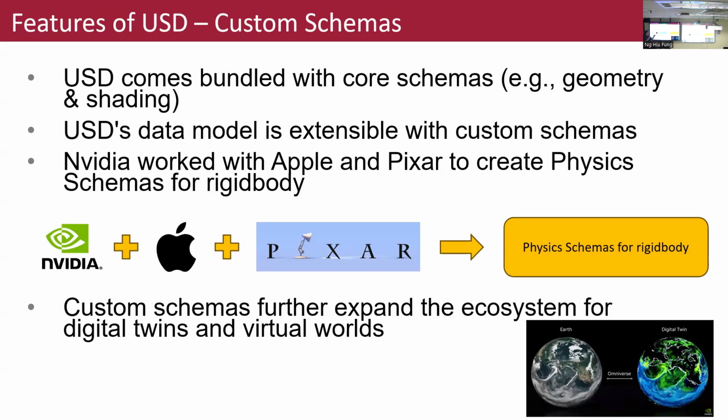So the ultimate goal of USD is that NVIDIA wants to work with Apple and Pixar to re-simulate a digital world. That is their ultimate goal. These three communities want to work together. This one is from Steve Jobs, and this one is also from Steve Jobs. And then NVIDIA is going to create the chips.